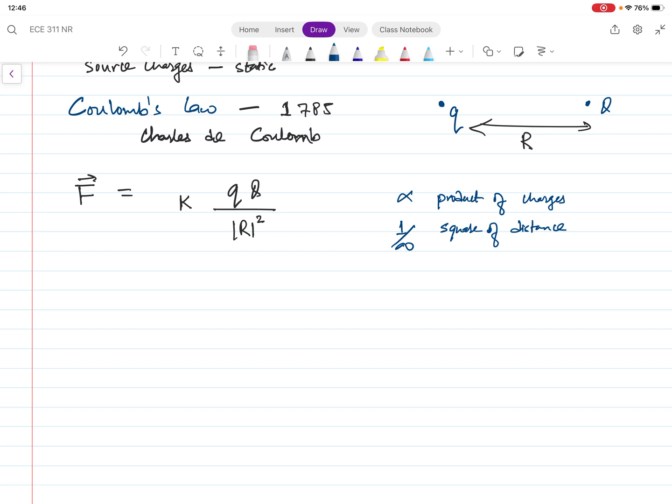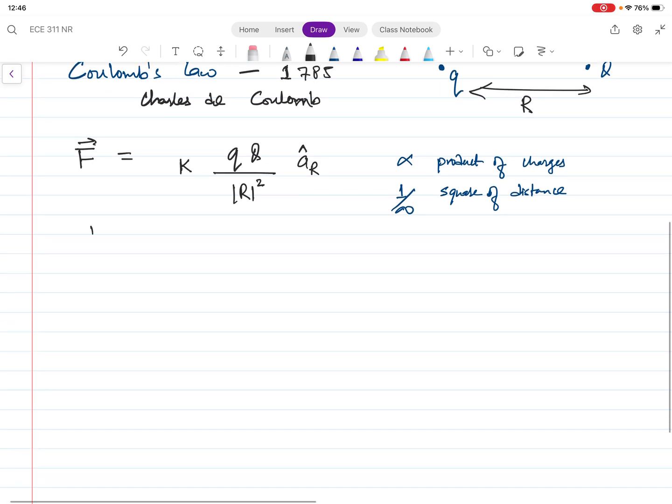We'll just put k over there, but we forgot something. This F is a vector, so we also need a unit vector that points from the source to the test charge. For now I'll just call it a_R hat. Okay, that is our Coulomb's law.